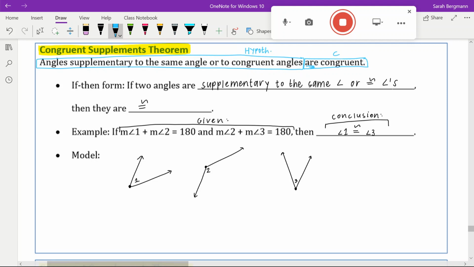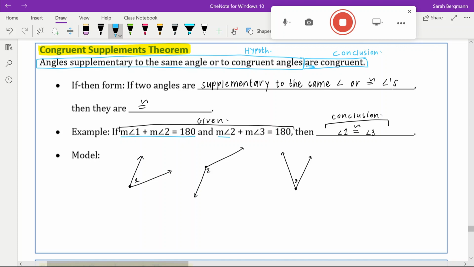So in order to write this in if-then form, we could write it like this. If two angles are supplementary to the same angle or congruent angles, then they are congruent. So for example, let's say that you're given that the measure of angle 1 plus the measure of angle 2 equals 180. Basically, angle 1 and angle 2 would be supplementary.